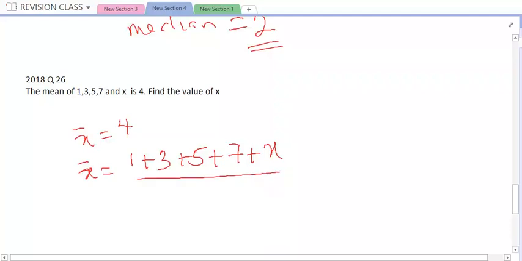In this case, how many data? 1, 2, 3, 4, 5. So you divide it by 5. Now, according to the question, the mean was given to be 4. So 4 equals 1 plus 3, 4. 4 plus 5, 9. 9 plus 7, that is 16, plus the unknown value, which is x, divided by 5.